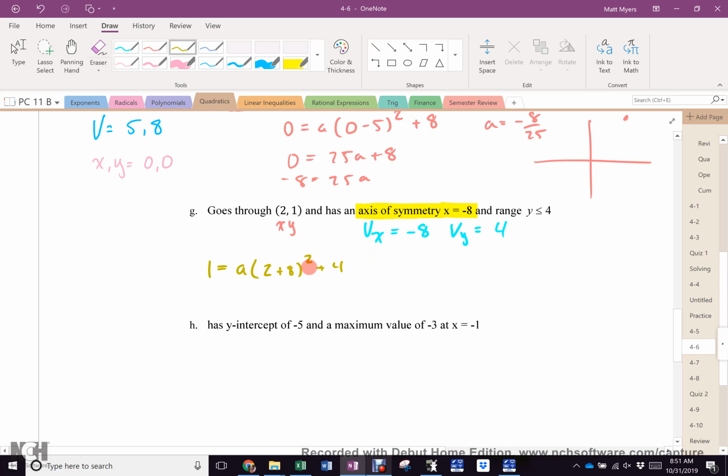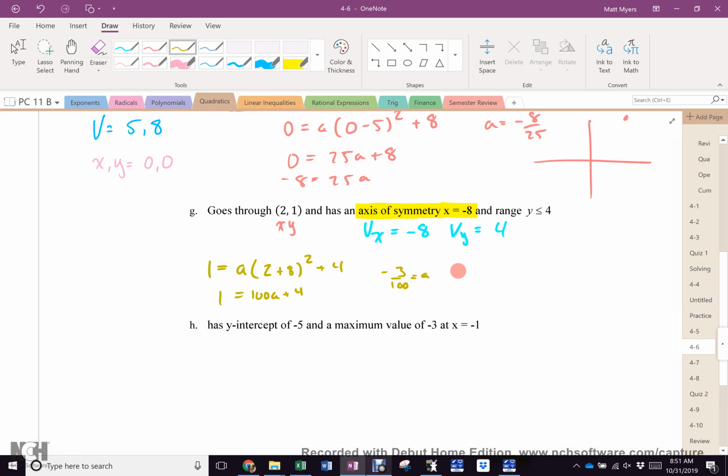What's 10 squared? So 100A plus 4 equals 1. -3/100 equals A.